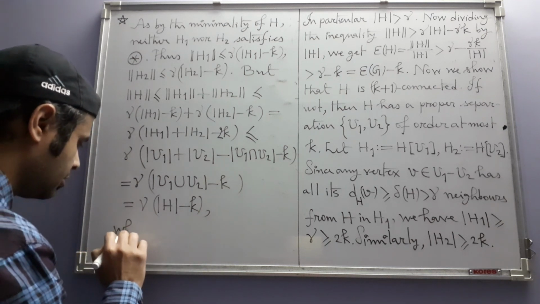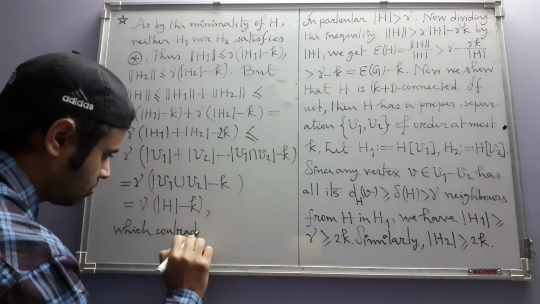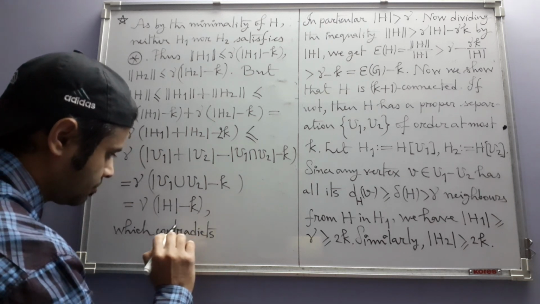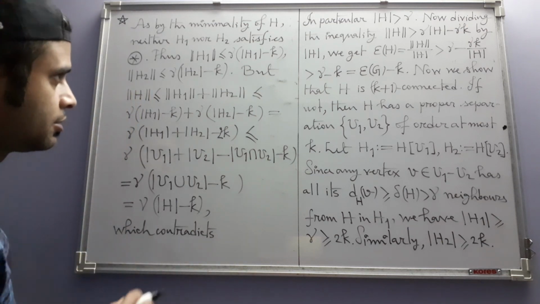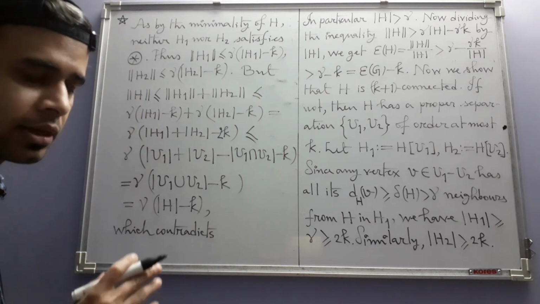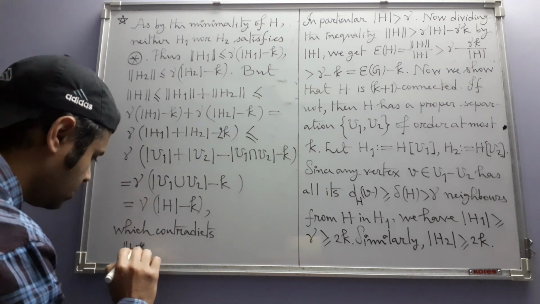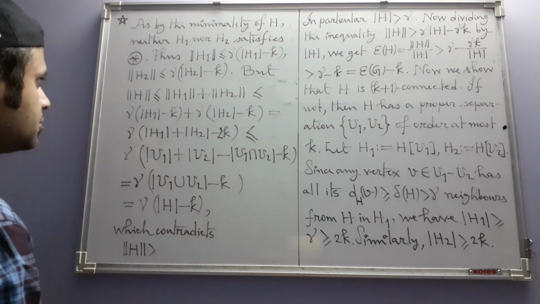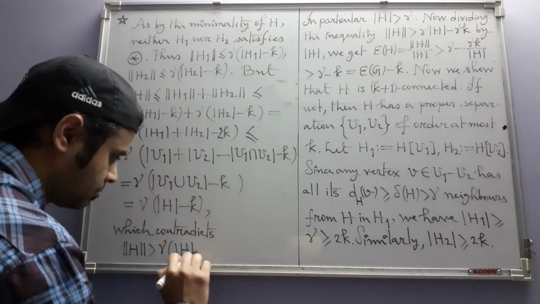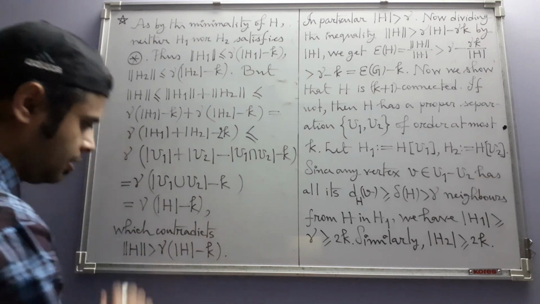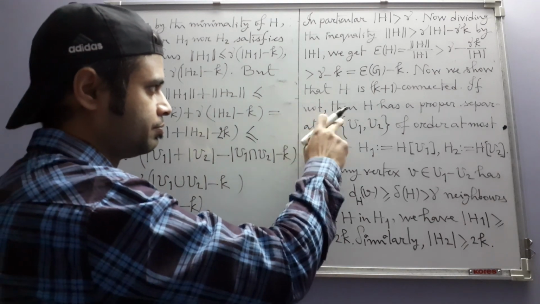What does it contradict? It directly contradicts the second inequality from star that H satisfies, that is, the number of edges in H is strictly greater than gamma times the order of H minus K. So our supposition is wrong.